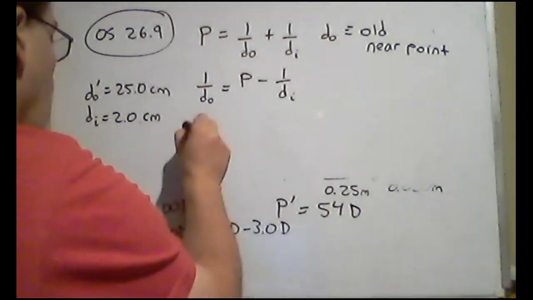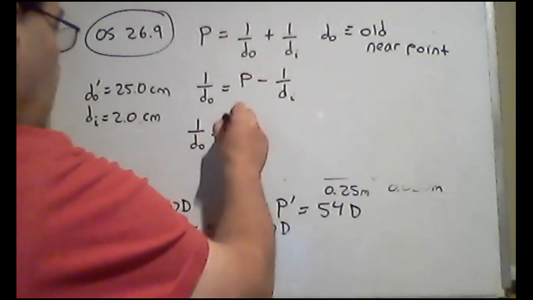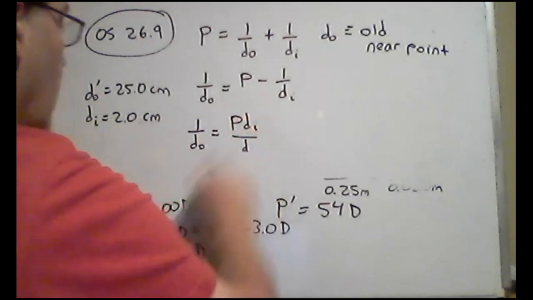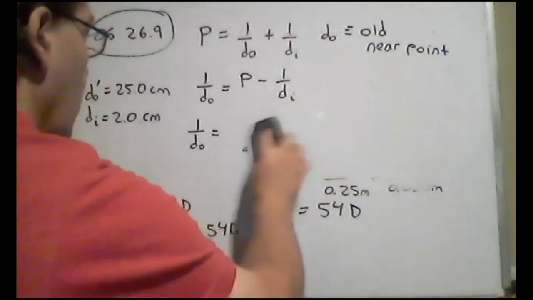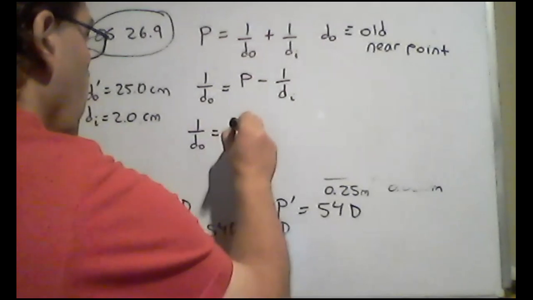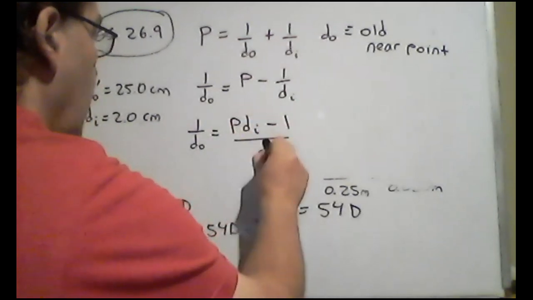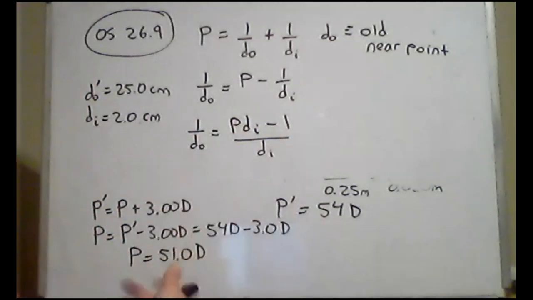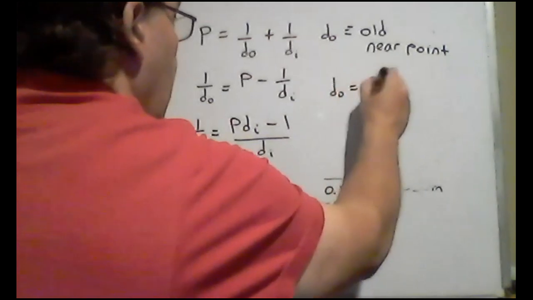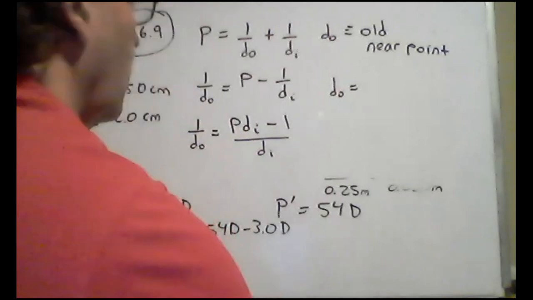Again, the common denominator would be D sub I. So P D sub I over D sub I, actually 2 steps in 1. P D sub I minus 1 over D sub I, and then I'll flip both sides upside down. D sub O is D sub I over P D sub I minus 1.